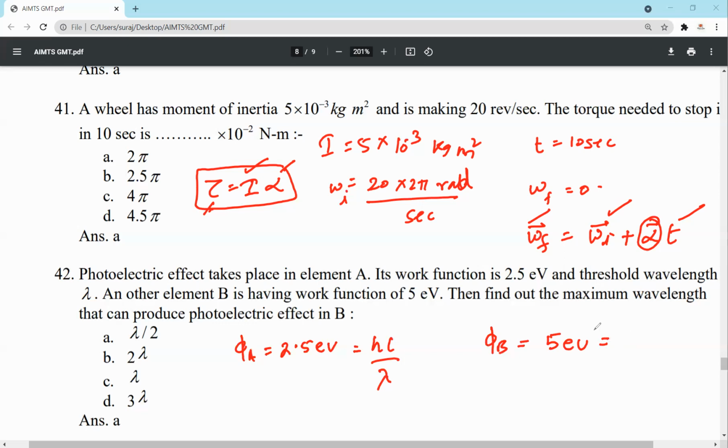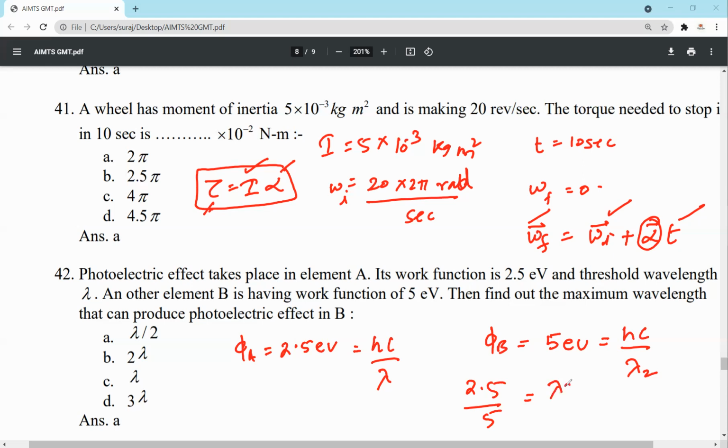Maximum wavelength they want. So let's say this is lambda given, and this is hc by lambda 2, which I want. Put a ratio and you'll get the answer. So I can write 2.5 by 5 equals, this becomes hc by lambda, right?